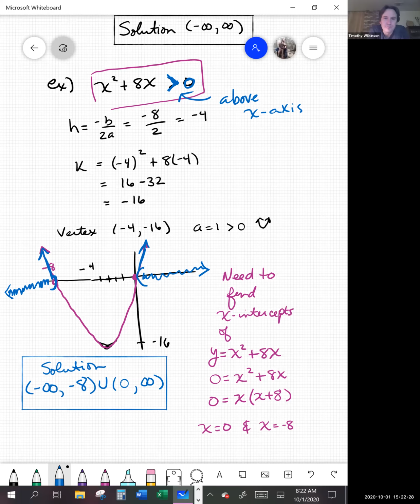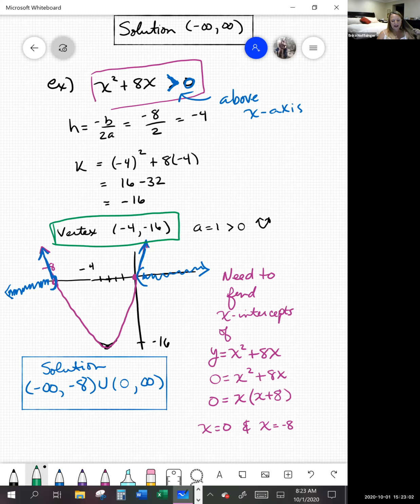Okay. Yeah, you said that by looking at that equation, you were able to tell that it was going to be below the x-axis. Is that because they didn't have a c value, so you knew there was going to be a y-intercept at 0? I knew it was going to be below the x-axis just because of the vertex, the point. My y value of my vertex is negative. So if I had had a positive y value, that vertex would be above the x-axis.